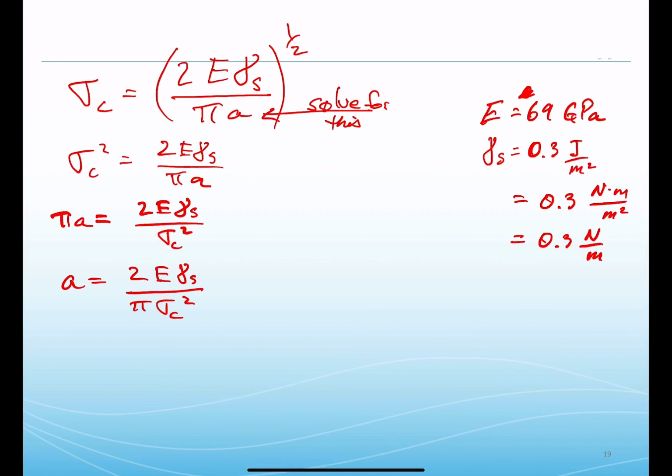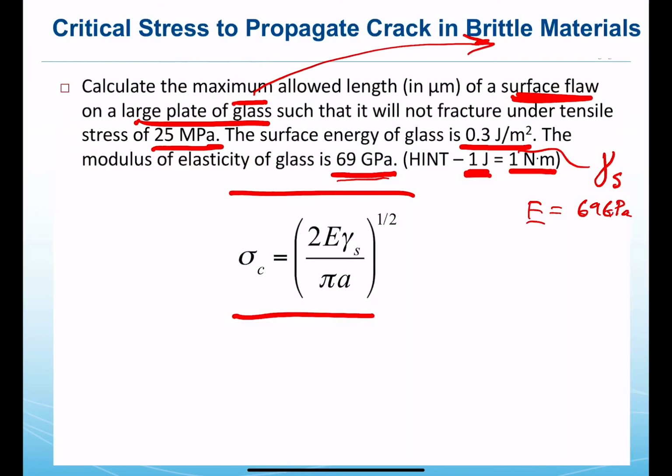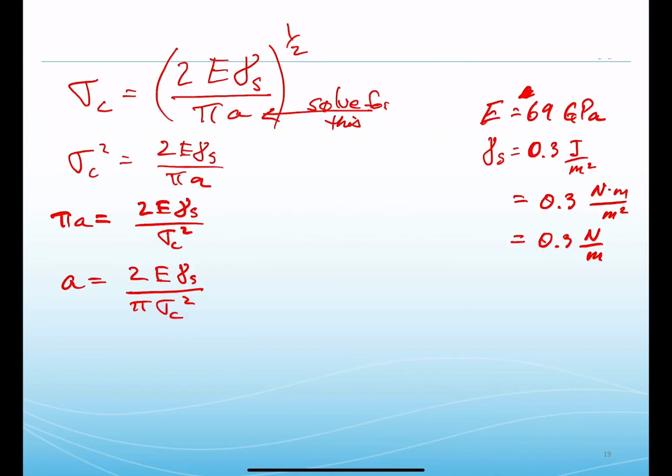An alternative unit for that surface energy is 0.3 newtons per meter. Okay, and finally we have the stress to be applied. So this represents the stress limit, sigma C. Okay, so sigma C was 25 megapascals. In order to cancel units properly, as we know, a pascal is simply a Newton per meter squared, it would be to our benefit to get out of these units.